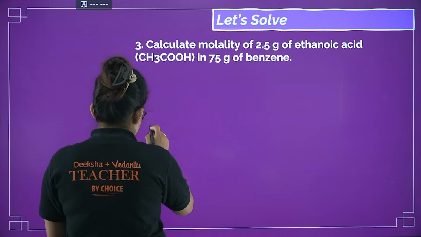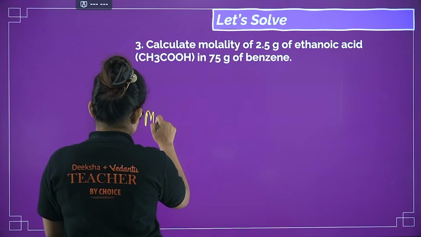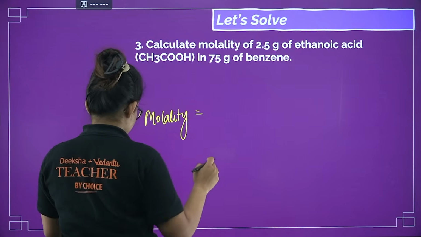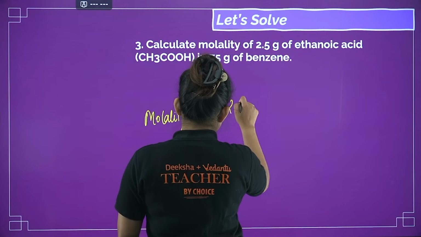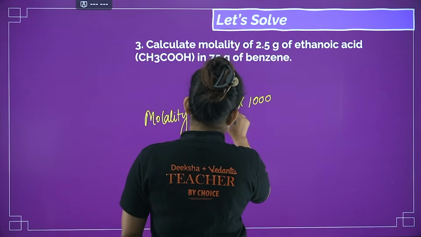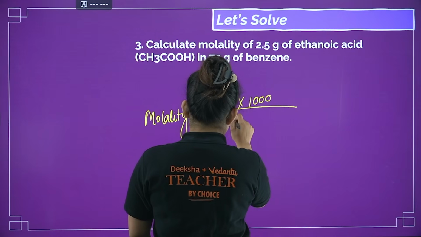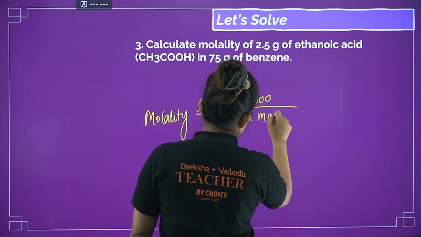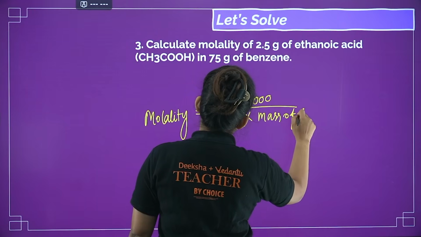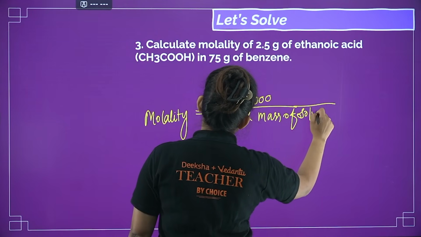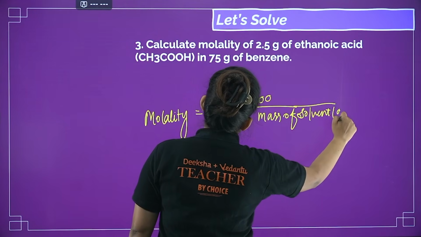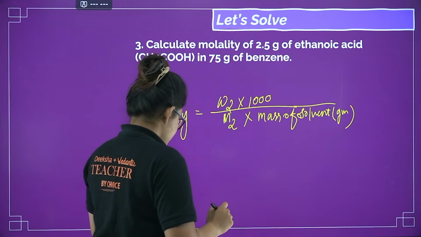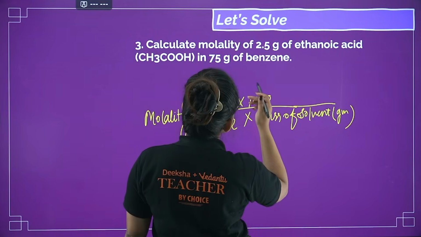Okay, so molality is W2 into 1000 divided by M2 into mass of the solvent, right? Mass of solvent I am taking in gram because I already multiplied by 1000.